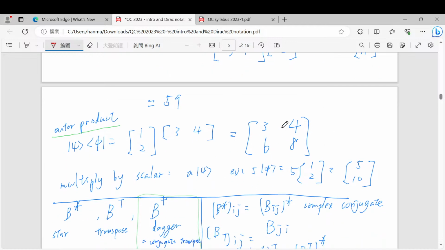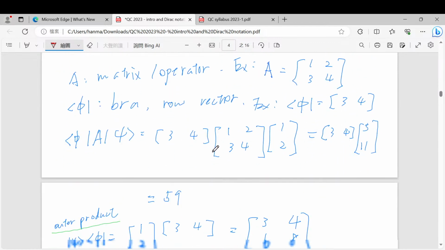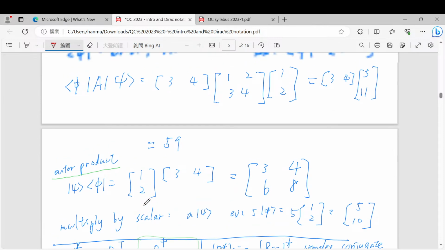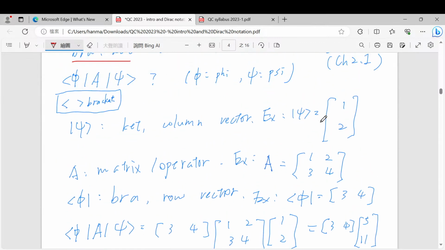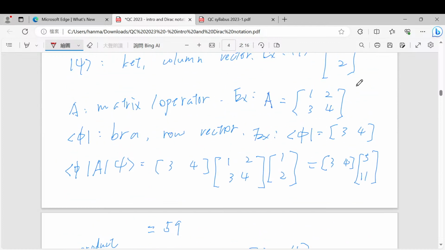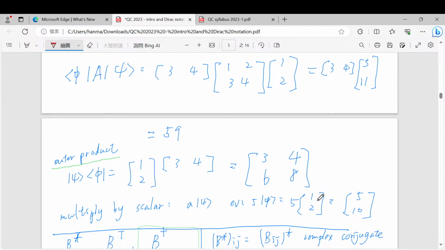You can also multiply things by a scalar. Well, it's linear algebra, so you can multiply any vector or any matrix by a scalar. A scalar is usually written as a lowercase letter. For example, you can have 5 multiplied by our ket psi: it's 5 times your vector 1, 2, and you just multiply every element by 5. So that's 5, 10.